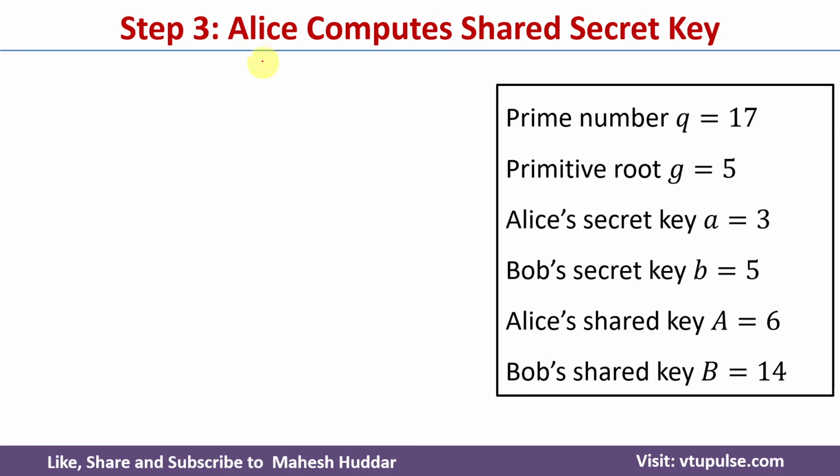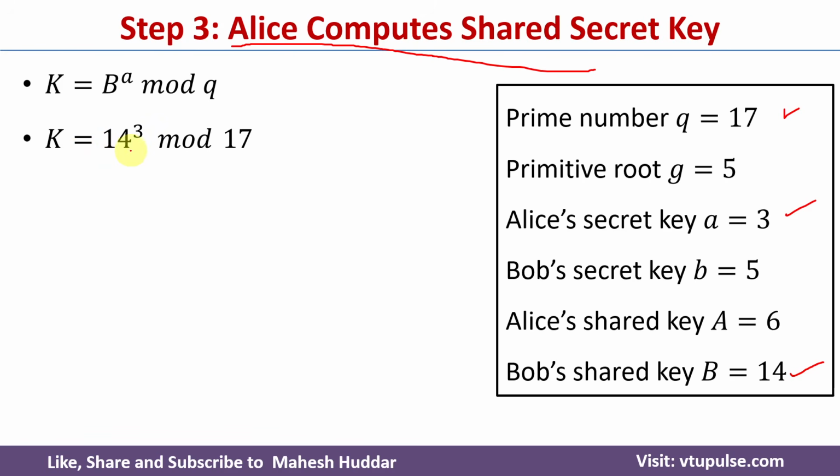In the third step of the Diffie-Hellman key exchange algorithm, Alice computes the shared secret key by using this formula, that is k is equal to b raised to a mod q. Here b value is 14, a value is 3 and q value is 17. We need to put these values here. So it will become k is equal to 14 cube mod 17.